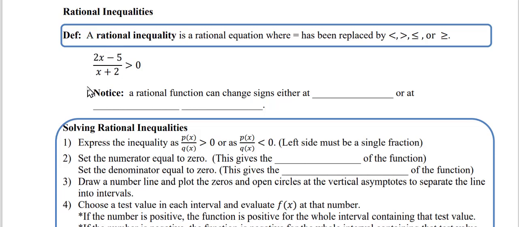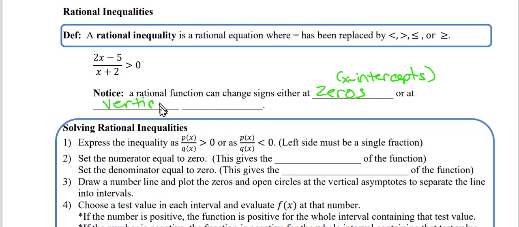With polynomials, we saw that we could only change signs from positive to negative at the zeros, or x-intercepts of the graph. But a rational function could also change signs at a vertical asymptote.